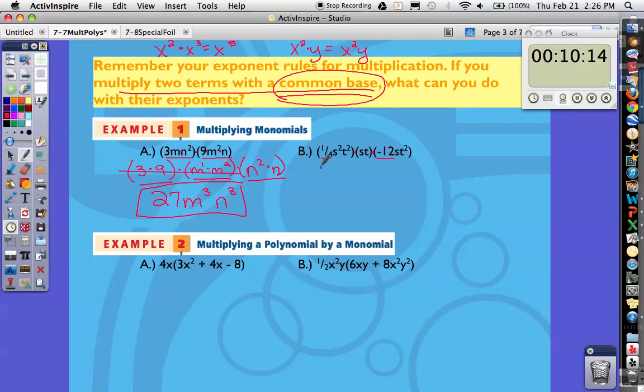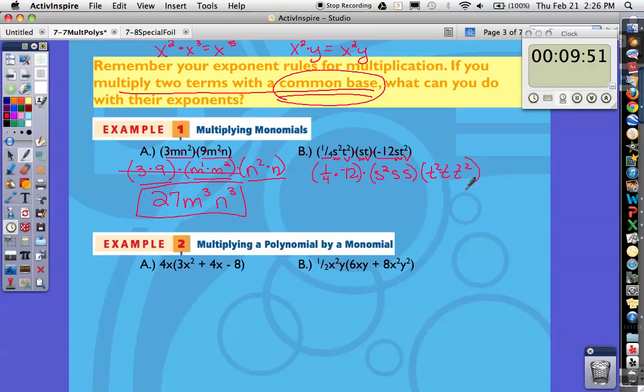I would regroup 1/4 times a -12 times s squared, s, and s, times t squared, t, and t squared.